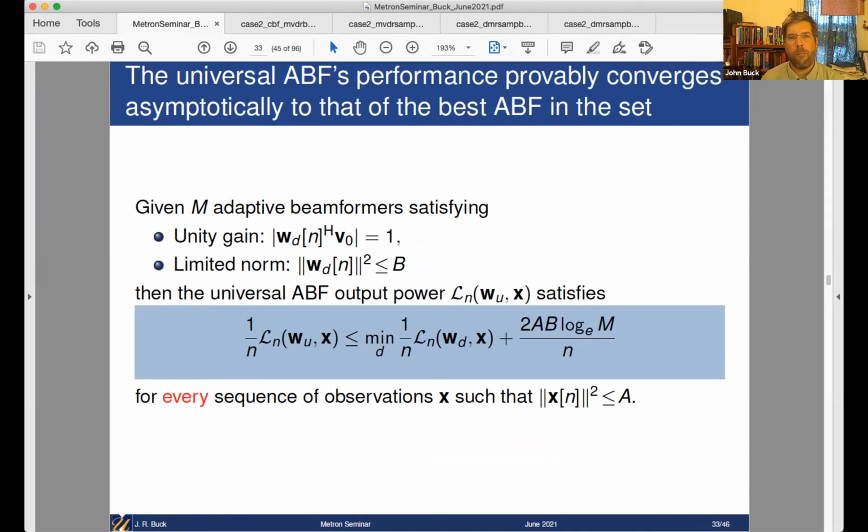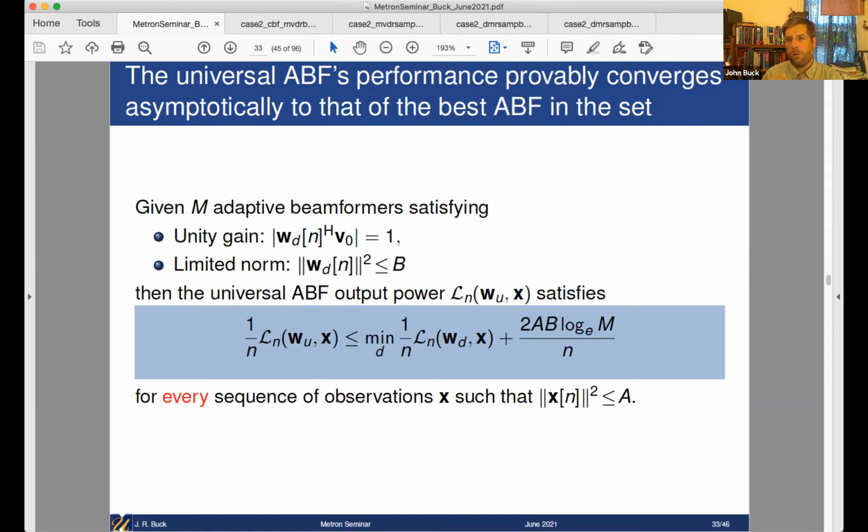If I've got m different beamformers that all have the same look direction, but they're competing in other ways, and I also put an upper bound on the magnitude squared of the weight vector, which we generally do for sensitivity anyways, then if I look at the total output power for the loss, the per sample average of the loss of the universal beamformer will be less than the smallest of the per sample average of all the competing beamformers in those parallel branches, plus a penalty term that goes like 2 times some constants over the number of samples. And so this min is the one I would choose with 20/20 hindsight.